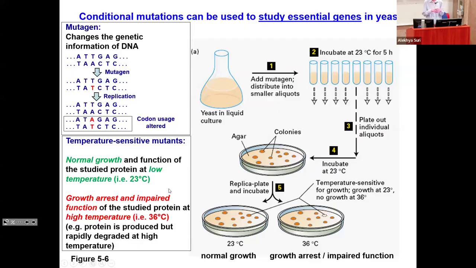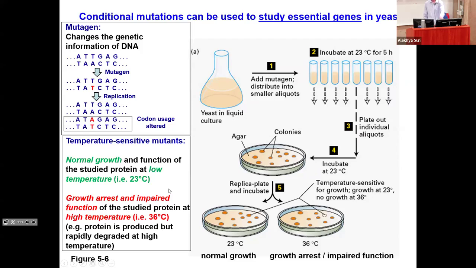If you use a lot of this mutagen, you would introduce a lot of mutations. So that wouldn't help you to create these conditional mutations.